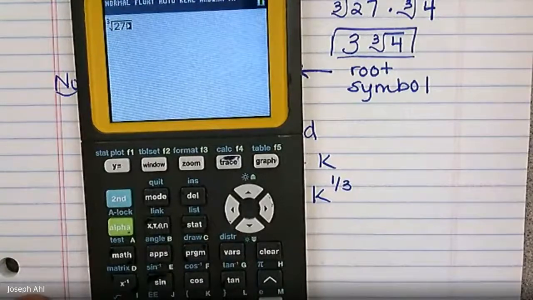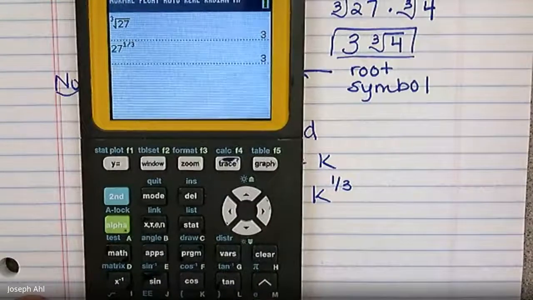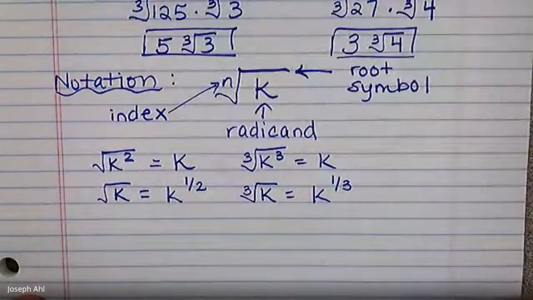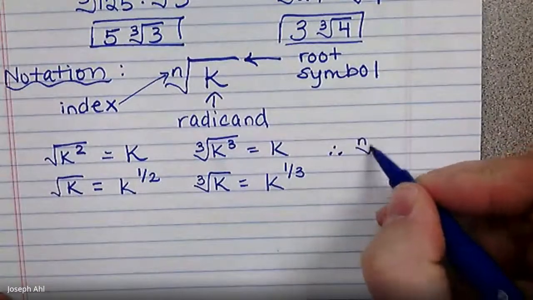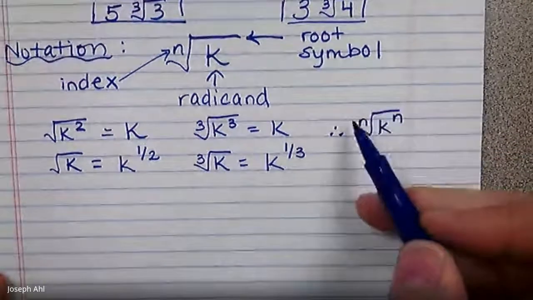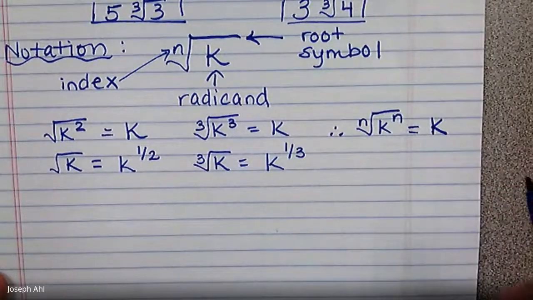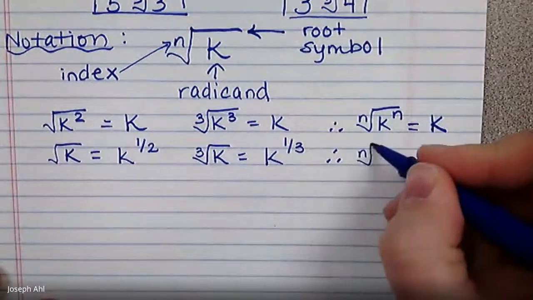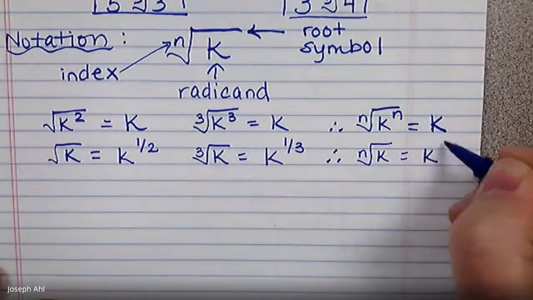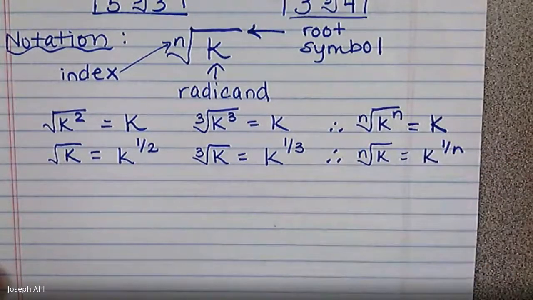The cube root of 27 we know is 3. 27 raised to the 1/3 power is also 3. So those two mean the same. So therefore, in general, if you have the nth root of k to the n, if the index and the power on the inside match, then this just simplifies to k. And the pattern across the bottom row here is that if we're taking the nth root of k, this is the same thing as k to the 1/n power. Those two things mean the same thing. Okay.